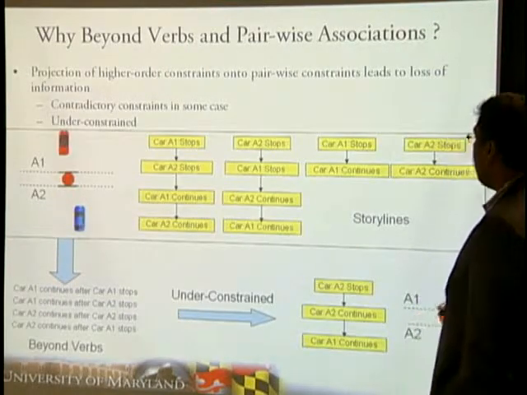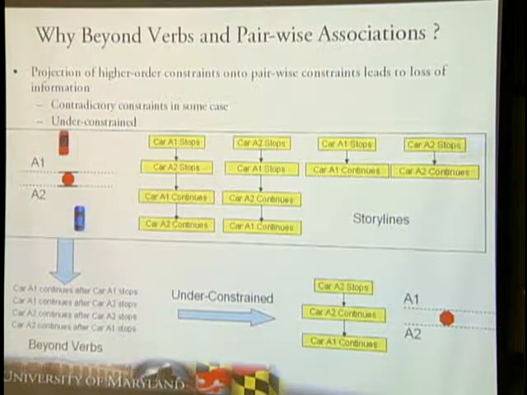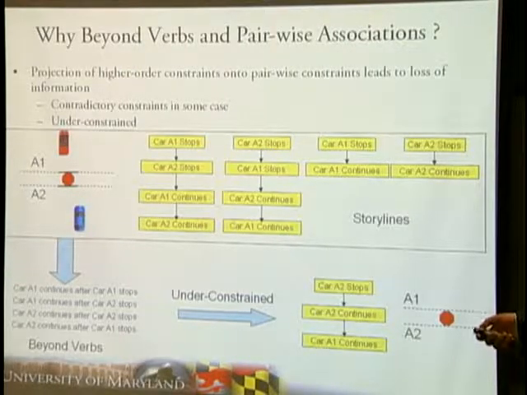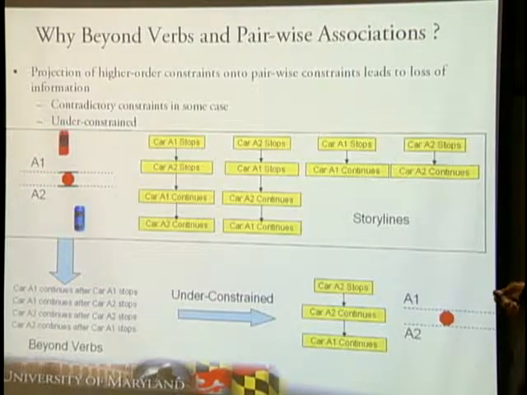One of the other reasons why beyond verbs doesn't work in the case of videos is that when you project these storylines onto pairwise constraints, your problem becomes under constrained. Let us, for example, consider this stop sign scenario with two cars. Now in this case there are four possible storylines.